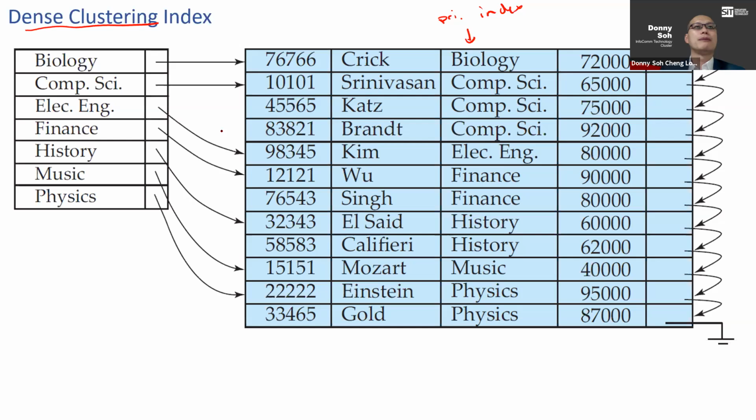Electrical engineering points to the first instance of electrical engineering. So it is implicit that all the way here is computer science, all the way here is finance, this is history, this is physics. So it's a clustering index. It's a dense clustering index because all the items close together are clustered together.